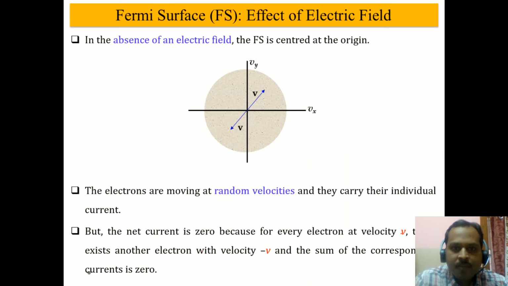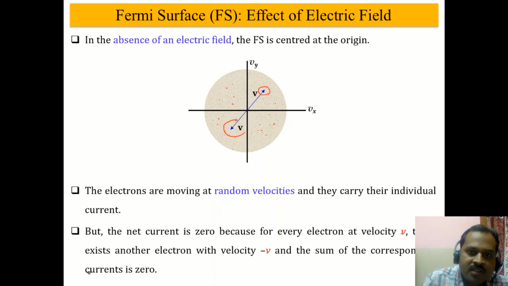In the absence of an electric field, this is the case. As I told, all these points here correspond to certain velocity, and associated with one particular velocity, suppose v, there is another velocity which is minus v. The magnitude remains the same, but the direction is opposite. So these two velocities cancel each other, so that the net current is 0.